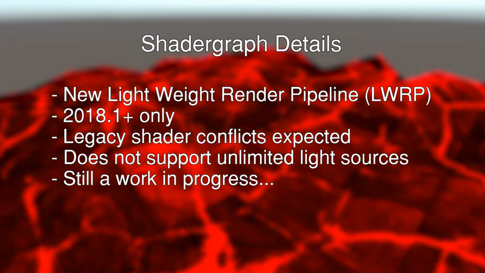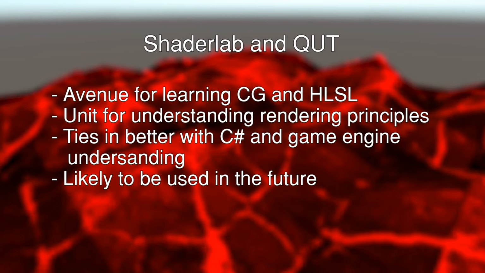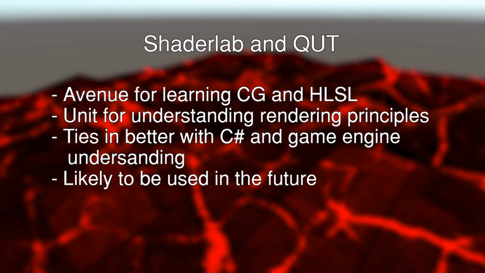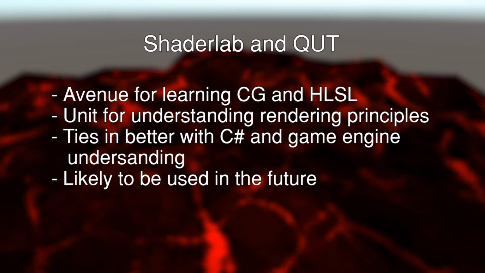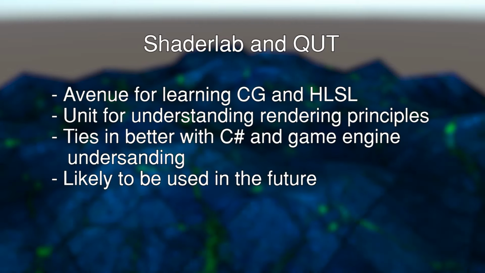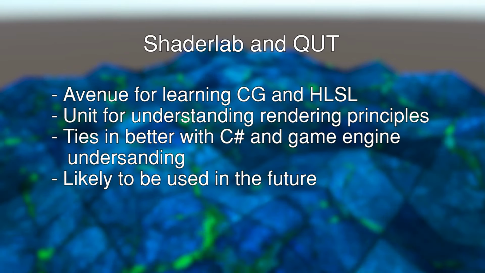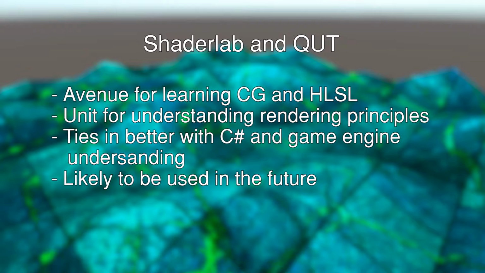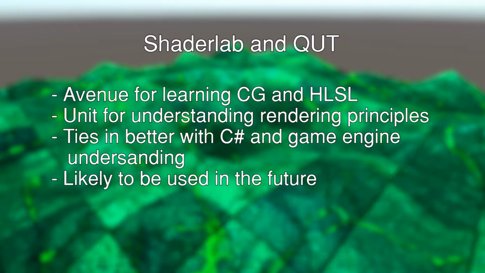This will probably change in due time, however. Finally, Shaderlab, its setup and relevant CG language usage is what will likely remain the focus of any units relevant to actually writing shaders at QUT, at least in the foreseeable future. Therefore, learning how to write shaders in Shaderlab is much more beneficial.